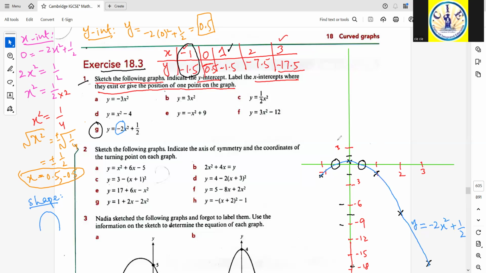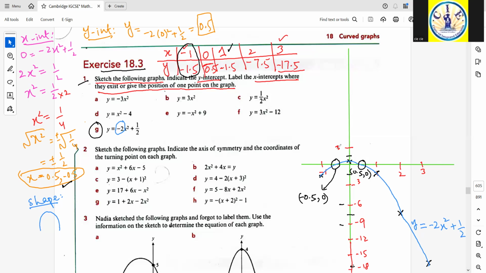This is the other. And since we had the x-intercepts valued at -0.5 and 0.5, I can write it down like this: -0.5, 0. That is one of the points. This point is x 0.5 and y 0.